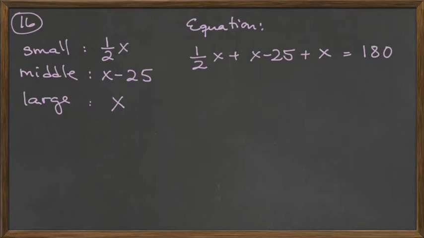So I'm going to give you a minute or two. Go ahead and solve it. If you want to combine like terms first, you can do that. One half x plus x is 2x. What's 2x plus 1/2 x? 2.5x. Do I like mixed numbers?